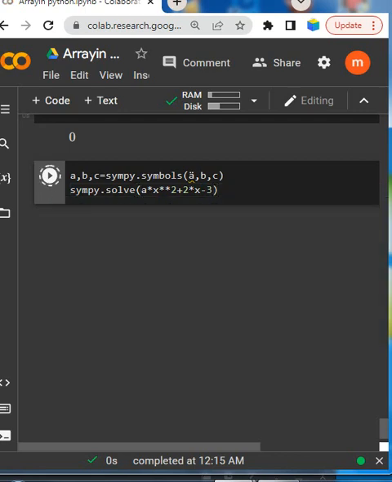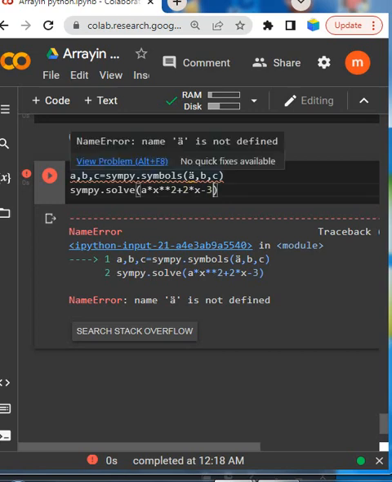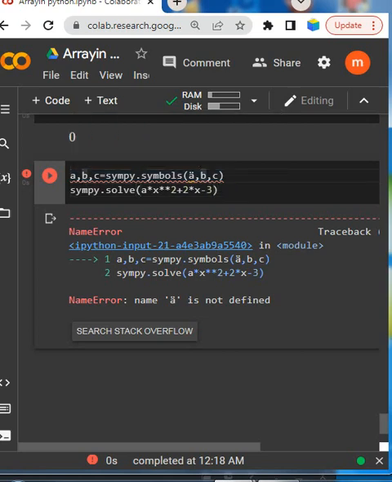Now let's see. Because it has been symbols, I need to write here symbols for a, b and c, and the symbol x.